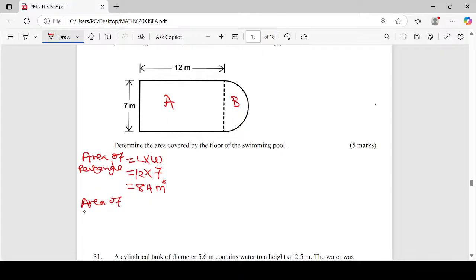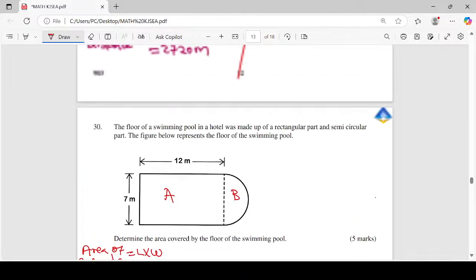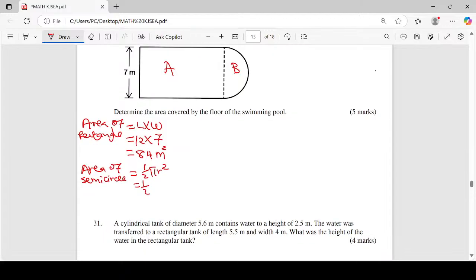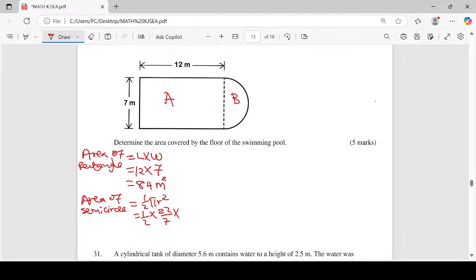Area of a semicircle is given by a half pi r squared. Because they didn't limit us on the pi, we can use 22/7. Now, if this distance here is 7, and also this distance here is 7, this 7 is the diameter of the semicircle.